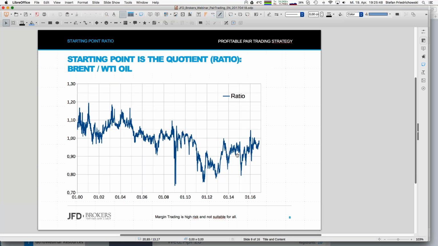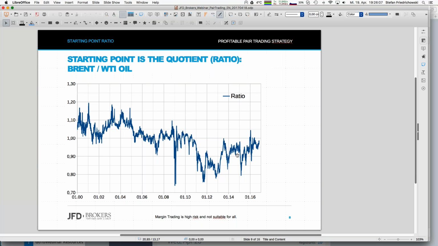We have those ups and downs in that ratio, and that means that in the short term, one price or one oil is, let's call it, a little bit too expensive compared to the other one. And whenever we have that kind of situation, that one is a little bit too expensive compared to the other one, that is a trigger for a trade.